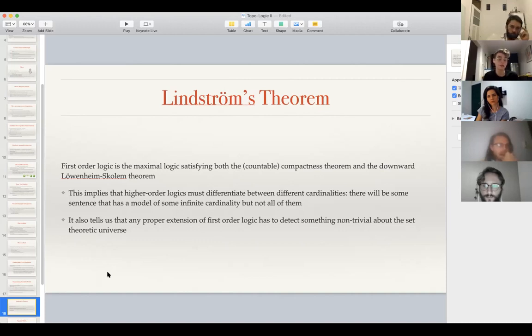But the higher, for example, second order logic can plug in a proposition to a proposition. So you can have a proposition of propositions. Right. So you're quantifying over propositions. So you can quantify over propositions rather than just over elements.